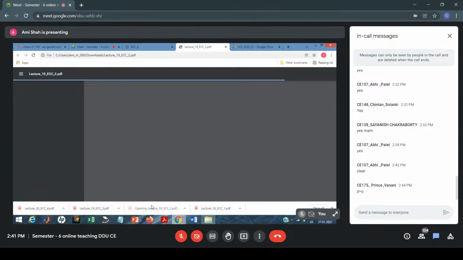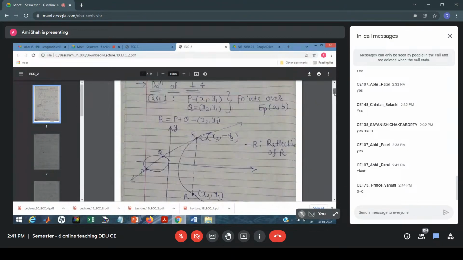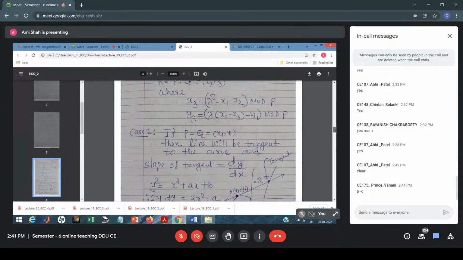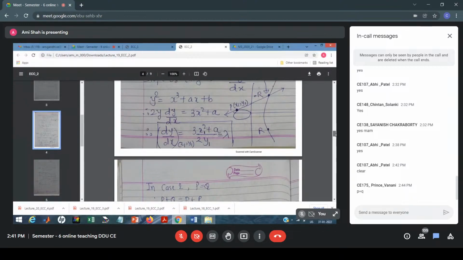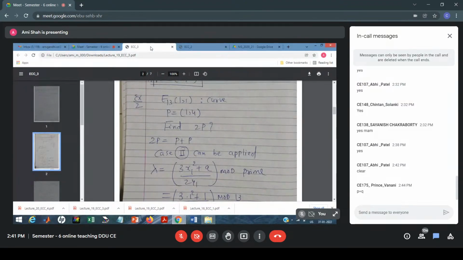So for lambda, this is the equation that you have to use: lambda equals (3x1 square plus a) divided by 2y1.